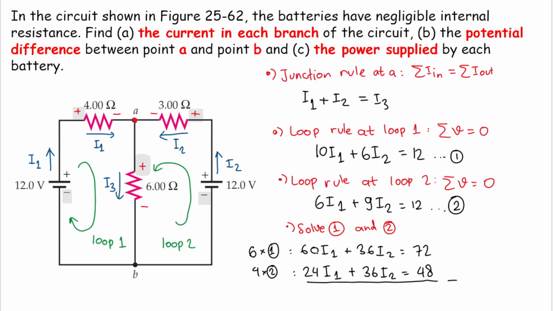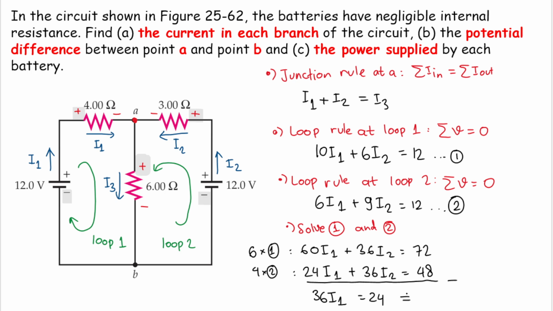Good. So we will have 60 minus 24. That will be 36, I think. 36i1. And then this will cancel each other. 72 minus 48, I think that will be 24.